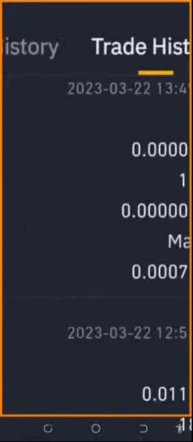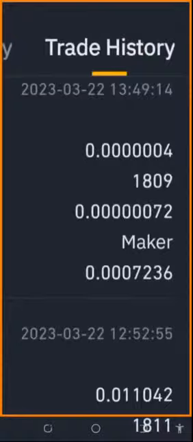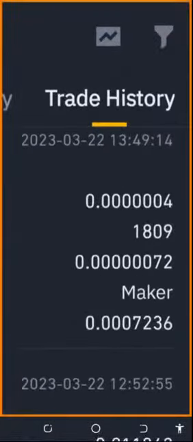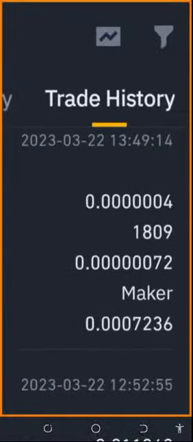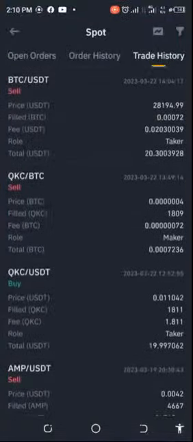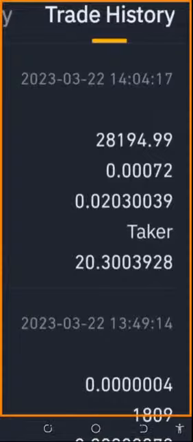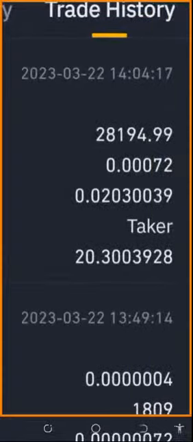Then after that, we sold that amount to BTC and we got 1809. Then we sold our BTC to get 20.30.